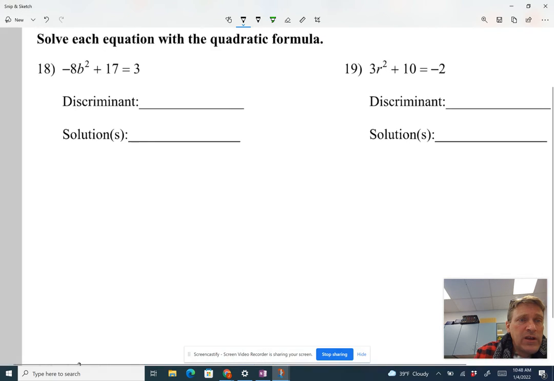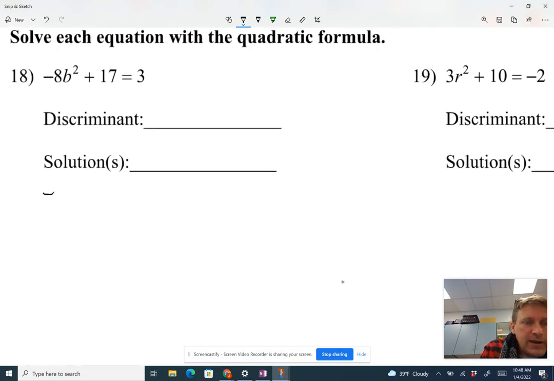So, number 18, I'm going to write negative 8b squared, a little space here, plus 17 equals 3. I left a space because there's no regular b term. And since it's not equal to 0, I want to subtract 3 from both sides to get it equal to 0.